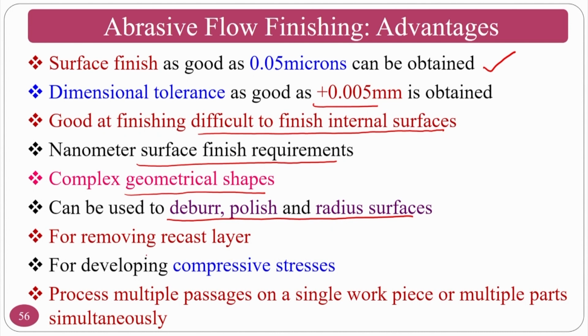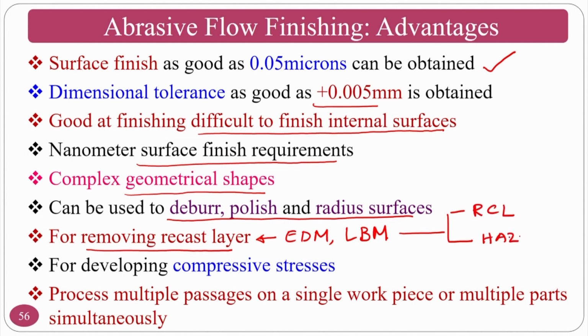For removing recast layers: as I said, EDM surfaces, electric discharge machining surfaces, and laser beam machining surfaces, as I have shown you in the previous slide, have a recast layer, heat affected zone and other zones.